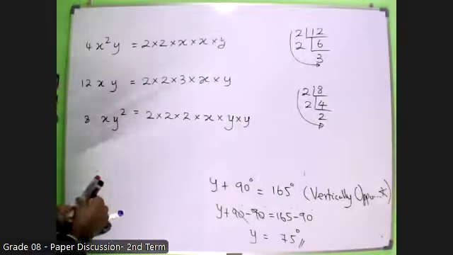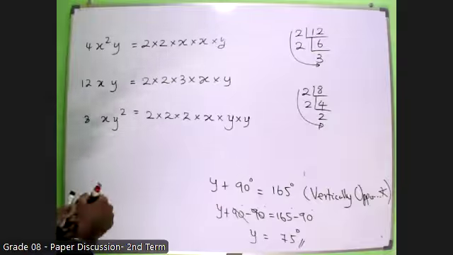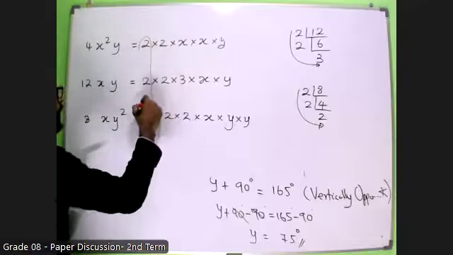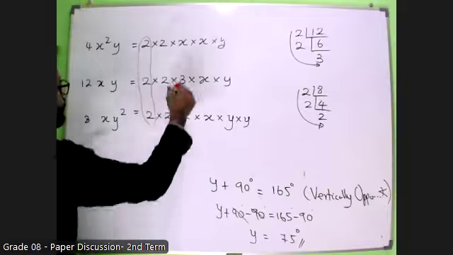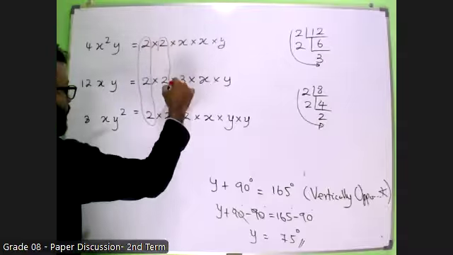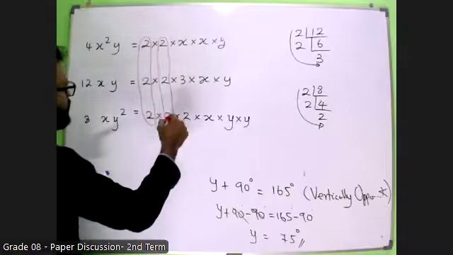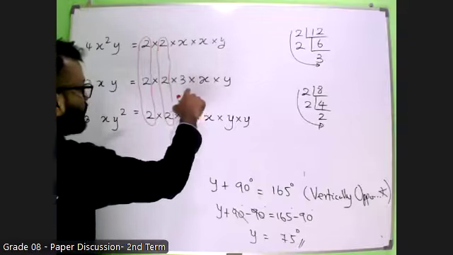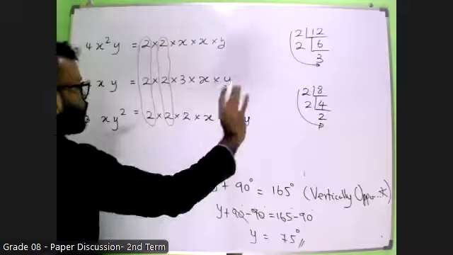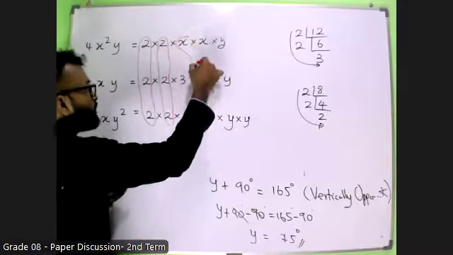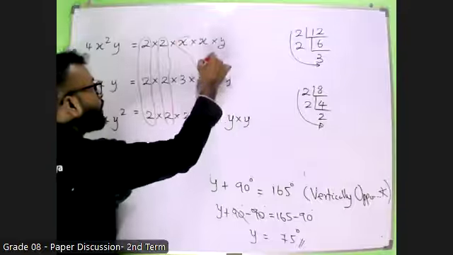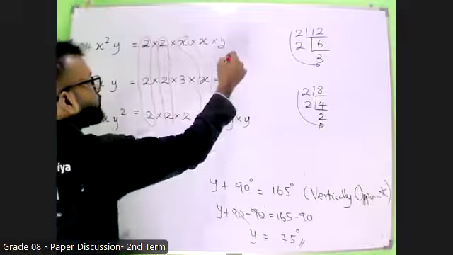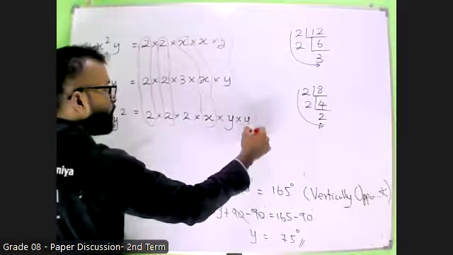So we have to choose the common ones here. These twos, and again here these twos, and again here. Do you have any threes? No. Here you have, yes. No other numbers. So here you have x, no other x for this. And here you have y and common y.